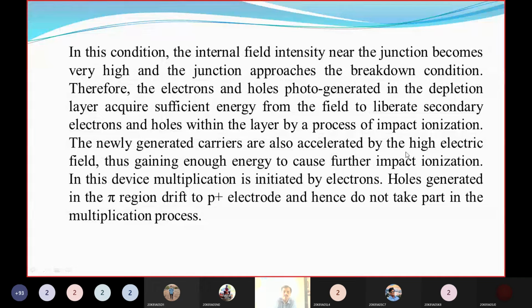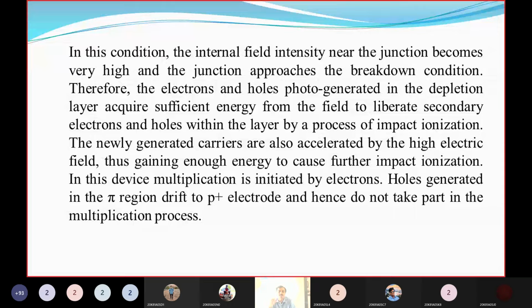In this device, multiplication is initiated by electrons. Initially the photocurrent is emitted, and those photoelectrons release secondary electrons again and again.